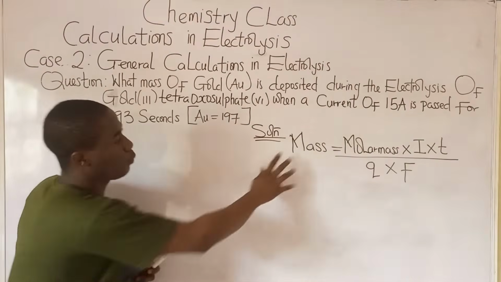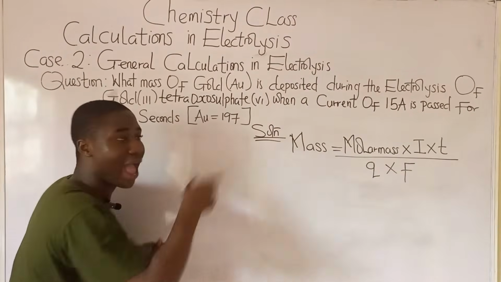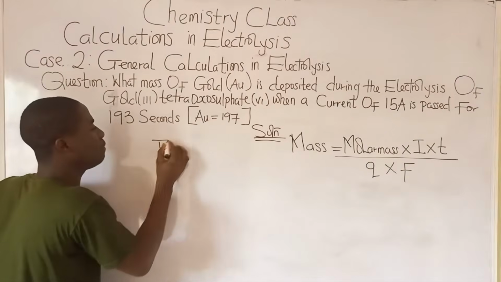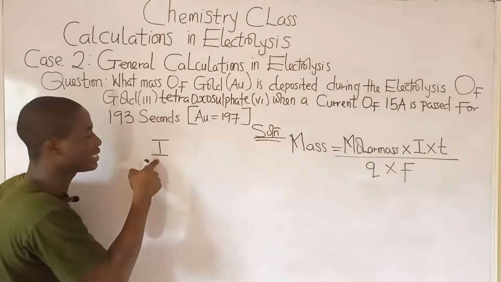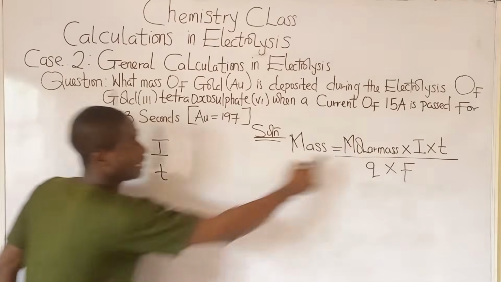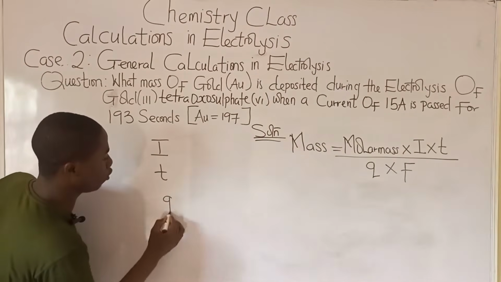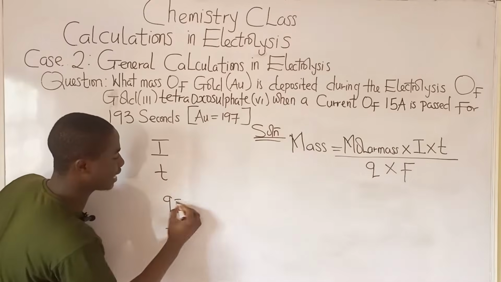But now I can see some symbols whose meanings are not yet written, so I'm going to talk about them. This is I, this is T, this is Q, and this is F.